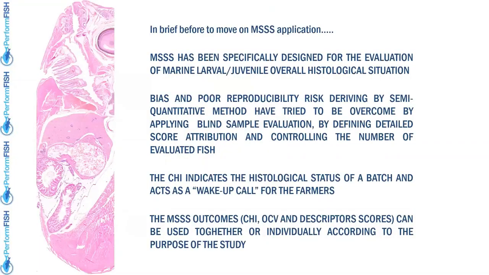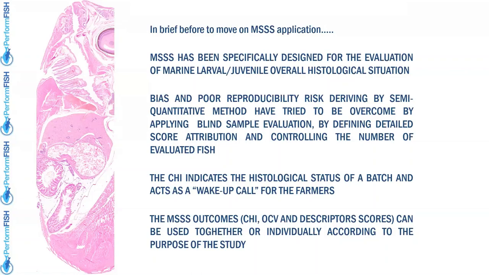And so, in brief, our multi-parametric semi-quantitative scoring system has been specifically designed for the evaluation of the overall histological situation of marine larvae and juveniles. The bias and poor reproducibility risk deriving from semi-quantitative methods have been addressed by applying blind sample evaluation, defining detailed score attribution, and controlling the number of evaluated fish.